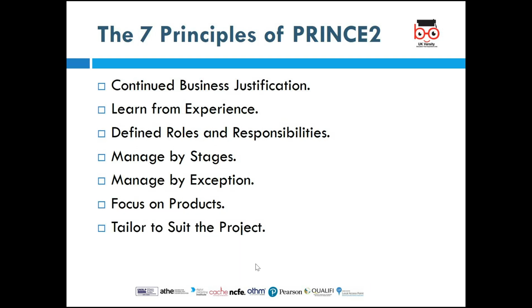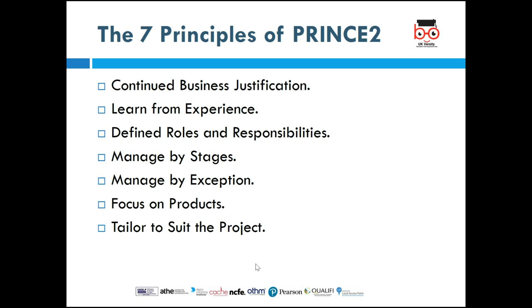We've got 7 principles of Prince2. Number 1 is continued business justification. At every phase, there should be justification for carrying on and continue with the project. It allows us to learn from experience, because if the first phase doesn't go on well, you learn upon it and improve on the second phase. It defines roles and responsibilities.